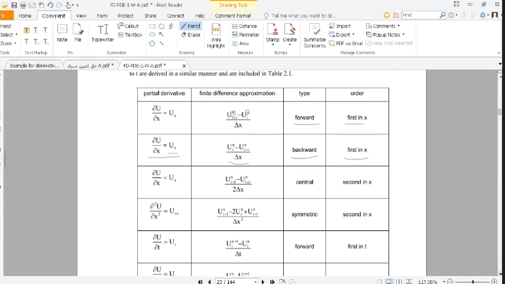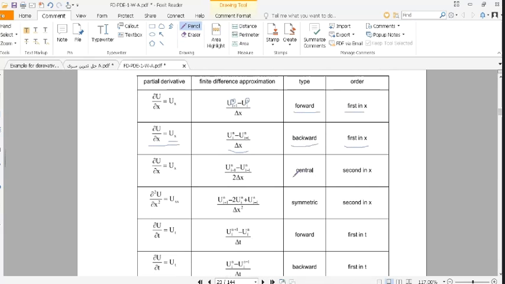The next row, we have the central finite difference for round u over round x, and the formula is u i plus 1 n minus u i minus 1 n over 2 delta x.